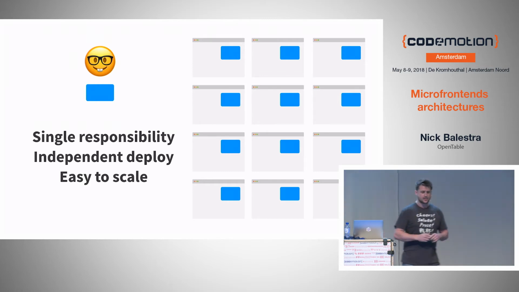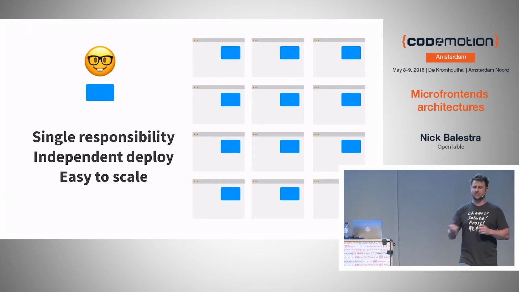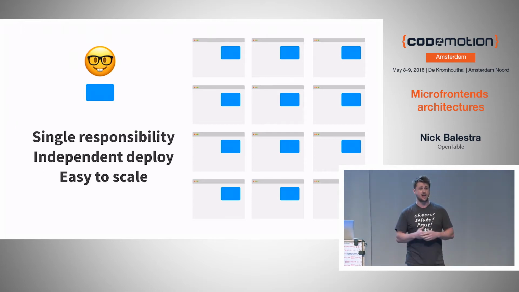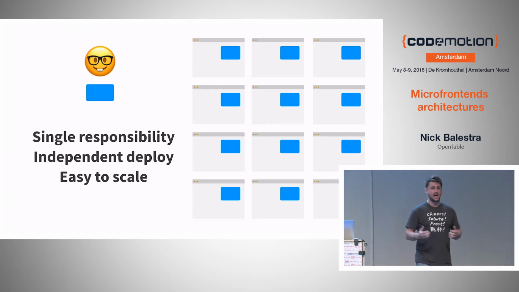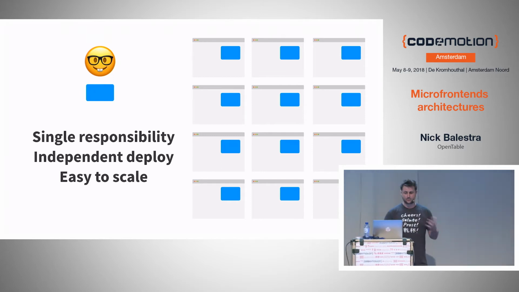So it's very important to be able to independently deploy that part of the front end. It's also important to have something that is easy to scale, because here maybe you have 10 websites, but if each of those 10 websites has 100,000 requests, then we're getting to 1 million requests that you need to handle. And so you need to scale that part of your feature.